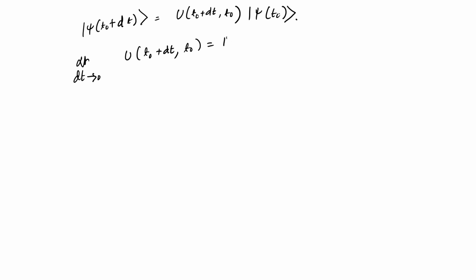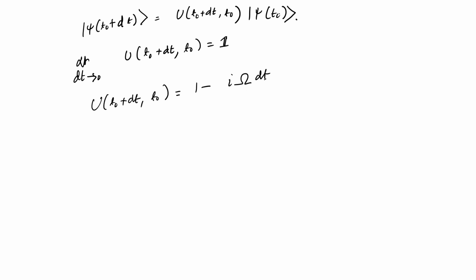Here 1 means you have to be careful that this is an identity matrix. These requirements would be satisfied if U(t0 plus dt, t0) is equal to 1 minus i omega dt. We do not know what omega is, but we can figure it out later.